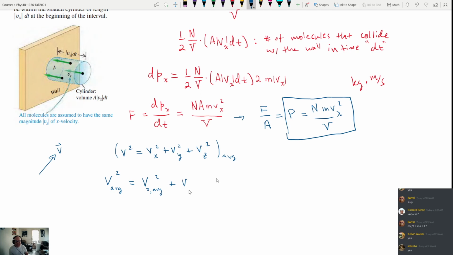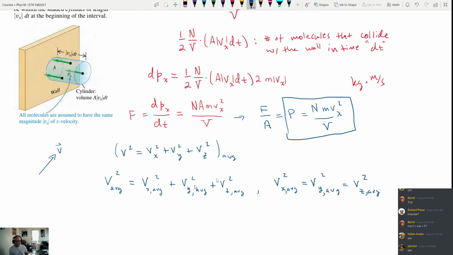Then we can say that there's no reason why the average x, y, or z velocities should be any different from one another, so they're all equal to each other. That is to say, Vx average squared should be equal to Vy average squared, which should also be equal to Vz average squared.